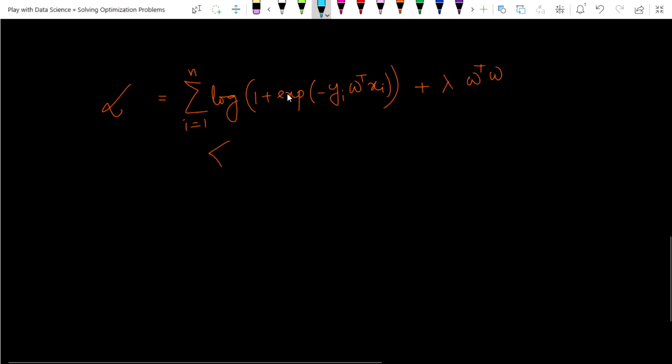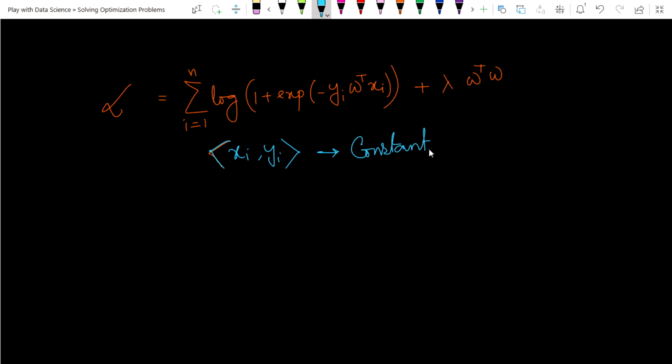Here our known values are xi and yi, which are constants coming from our training dataset. Only our unknown value is w.